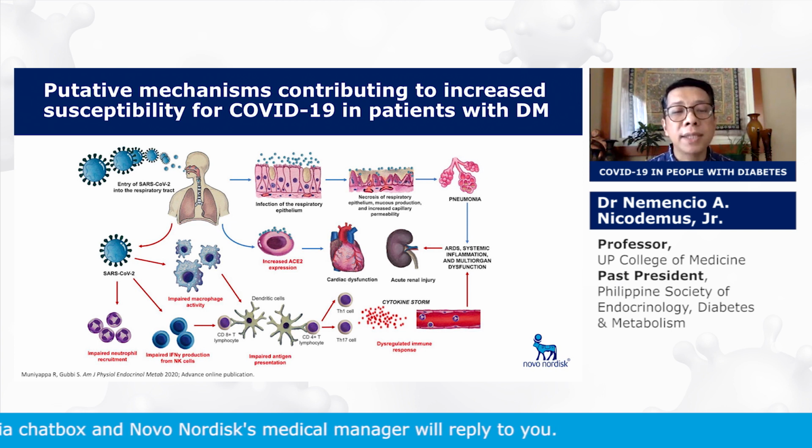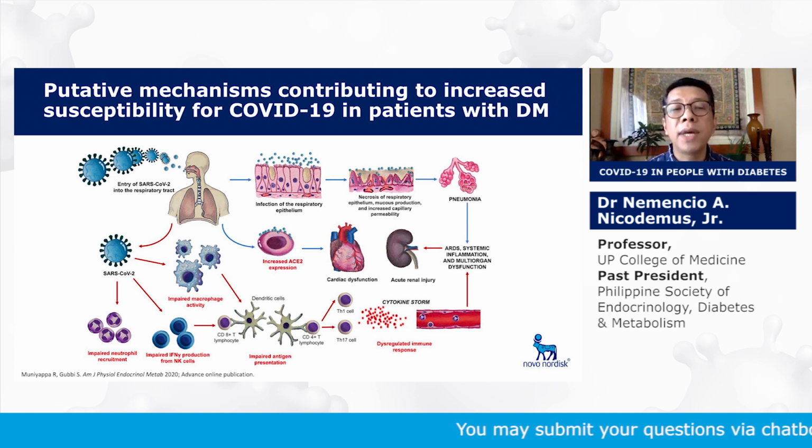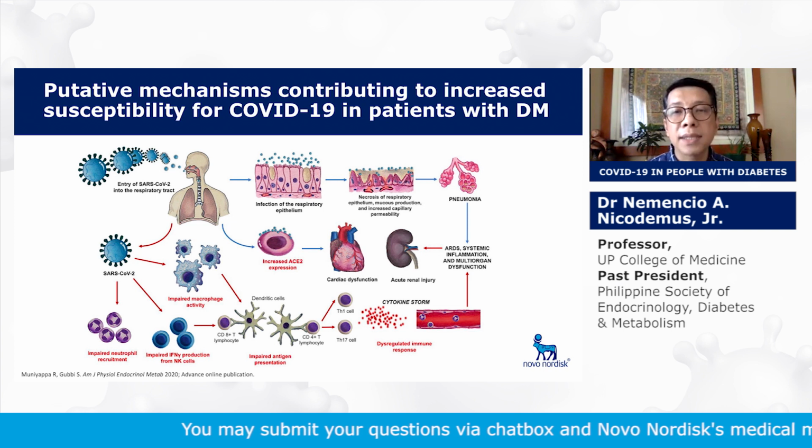And because of this, the immune system of a patient with diabetes is dysfunctional. And this causes now dysregulated immune responses leading to a cytokine storm. This, together with the necrosis of the respiratory epithelium, causes now severe pneumonia and leads to acute respiratory distress syndrome and even systemic inflammation and multi-organ dysfunction among people with diabetes.